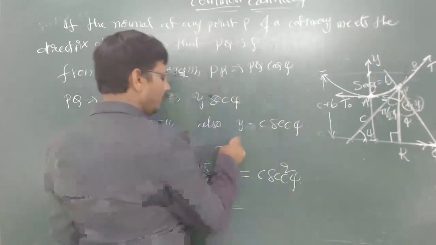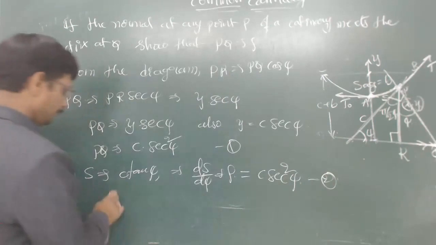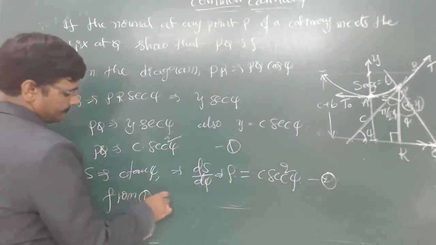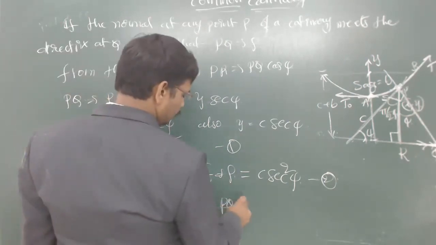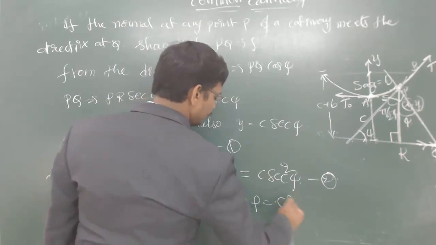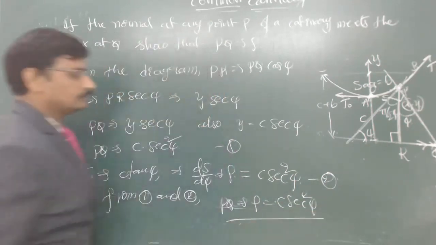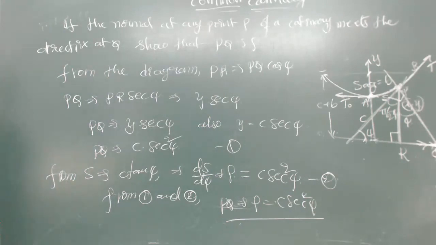So from 1 and 2 we have got the relation, that is PQ is equal to rho is equal to c secant square psi. Got it? Any questions on this? Okay.